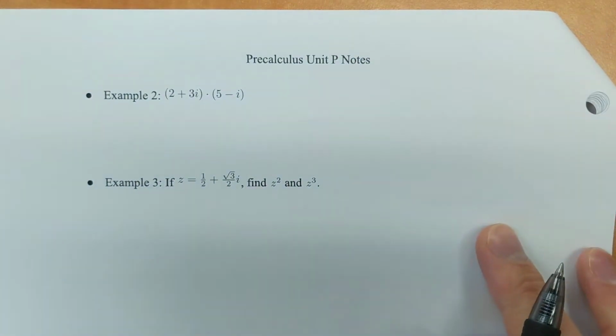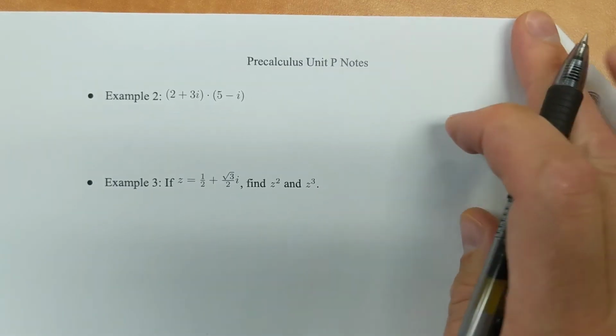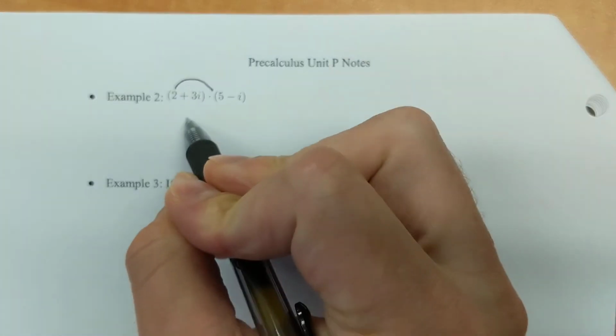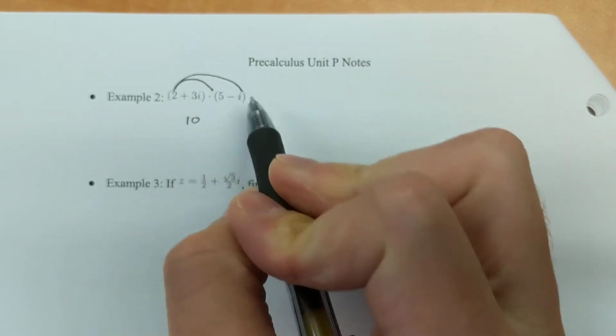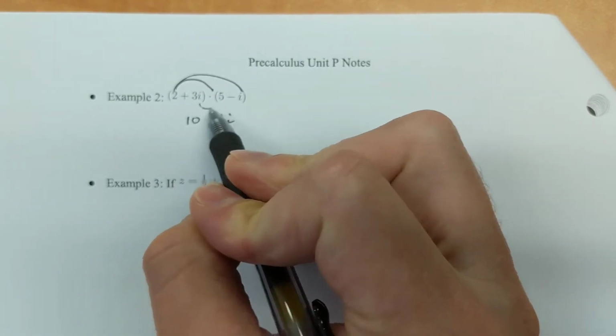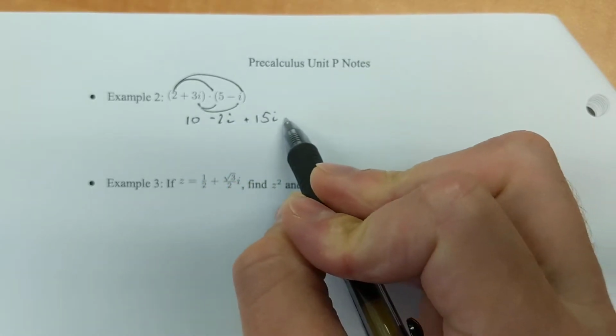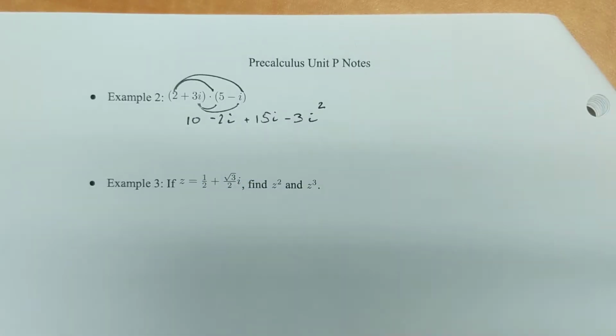All right, so on the back side here, we have multiplication, which is actually a FOIL problem. So we're going to multiply those. Firsts would give me 10. Outsides would give me minus 2i. Insides would give me positive 15i. And lasts would give me negative 3i squared.